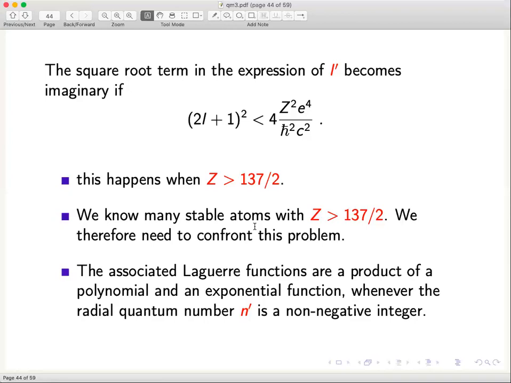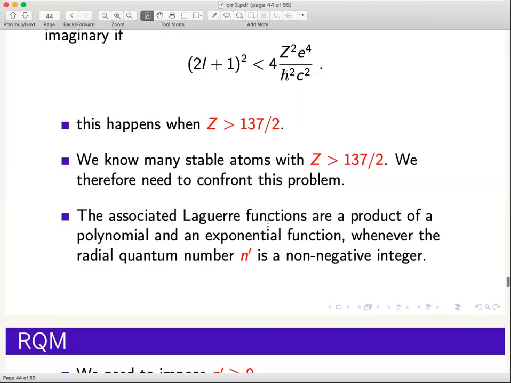But before that, most of the materials were absolutely stable. So clearly, this poses a problem as to how to reconcile this with the experimental observation that larger Z value atoms were actually stable. So that is one problem that the Klein-Gordon equation already poses.